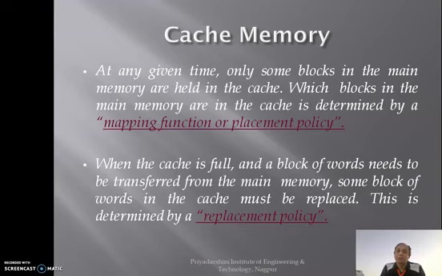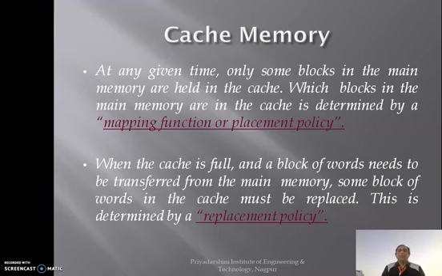This is due to the size of the cache memory being small compared to the main memory. For example, the main memory is 1 megabyte, whereas the cache memory is 256 kilobytes. So, there are 4 blocks: 256, 256, 256, 256.